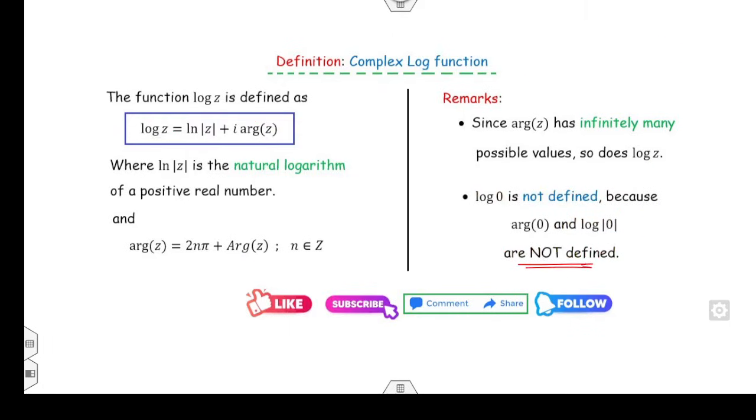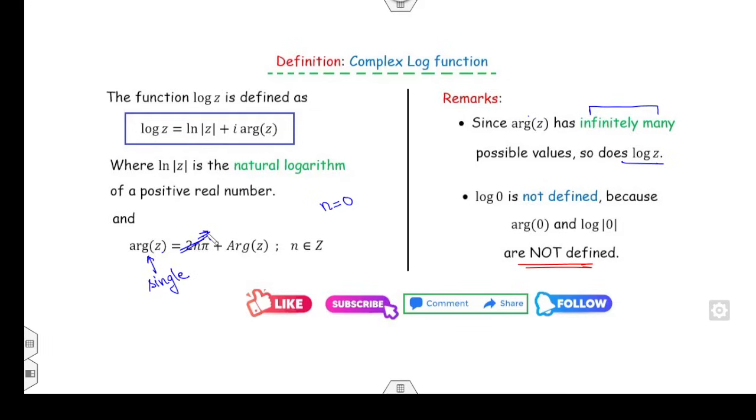Clear? Now another thing: because small ARG or the log of z has infinitely many values, if I choose the particular value n equal to 0, then small ARG has a single value.